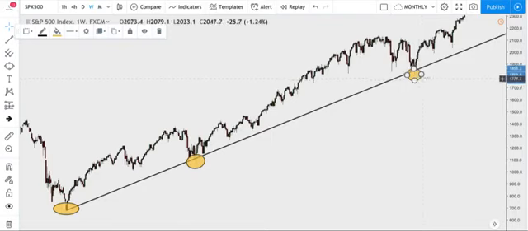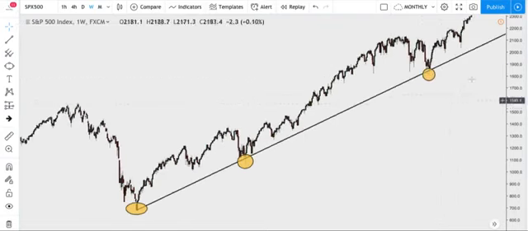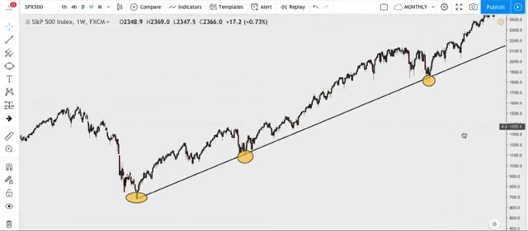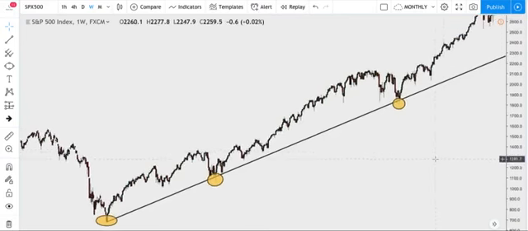Now, what is the essence of a trend line? The essence of a trend line is to act as support. When the market is pushing all the way to the upside, we always tend to get what they call pullbacks. As you can see, every time we push up, we have pullbacks.